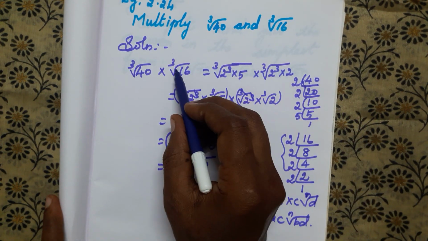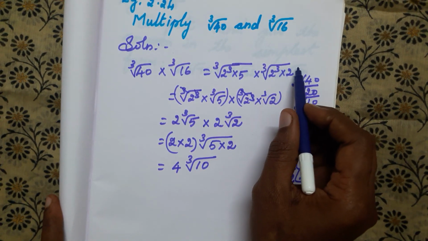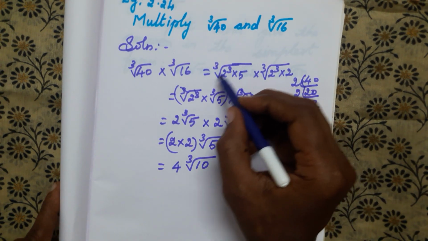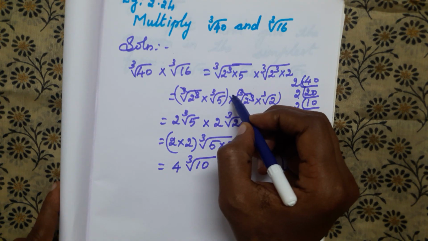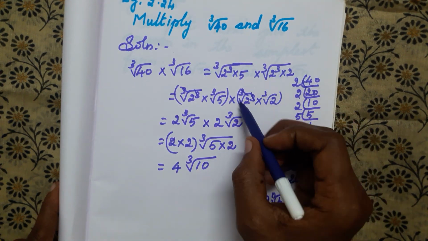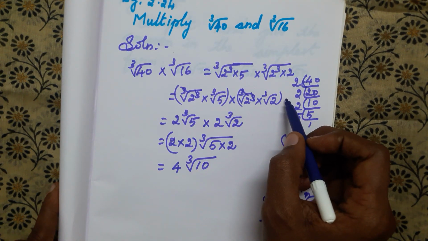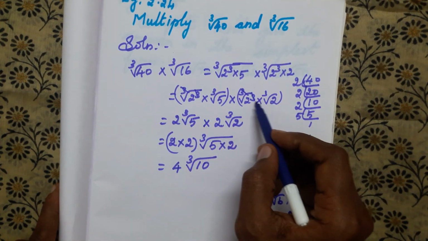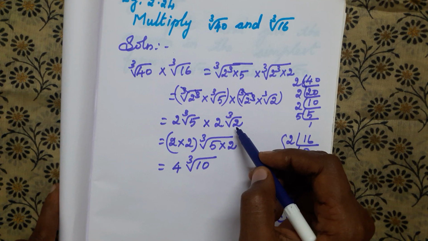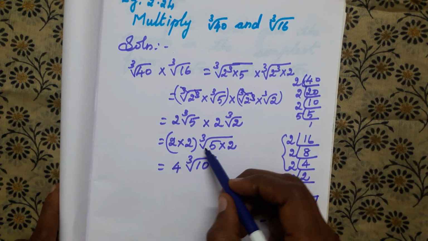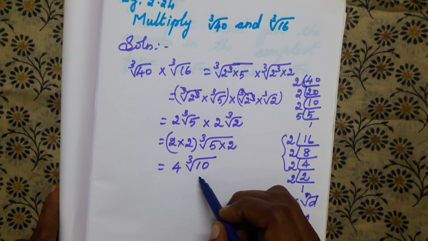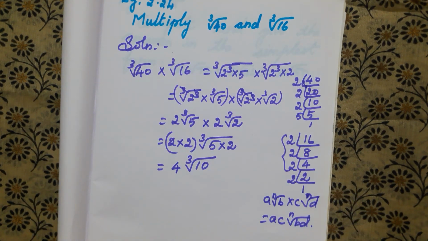Cube root of 16 is equal to cube root of 2 cube into 2. Now we can write cube root of 2 cube into cube root of 5, next cube root of 2 cube into cube root of 2. Here 2 cube root of 5, here 2 cube root of 2. It's equal to 2 into 2 cube root of 5 into 2. 2 2s are 4 into cube root of 10. Can you understand this?